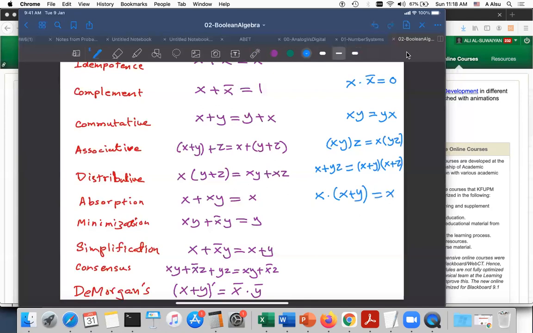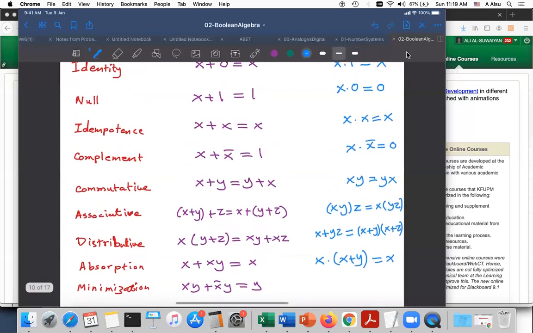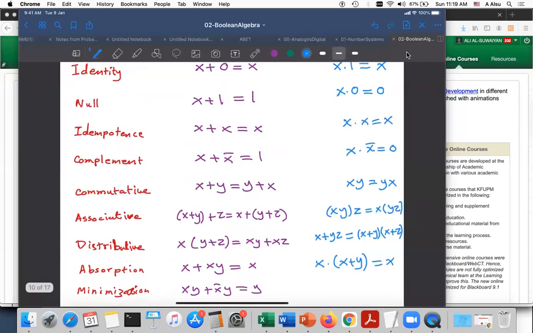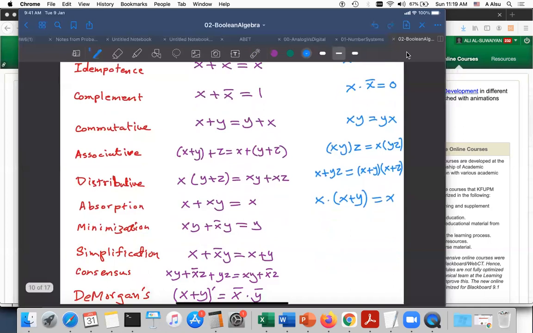Okay, what about the minimization law? If I ask you to prove the absorption law, then you have to use the other simple rules, like identity, null, idempotence, and so on.